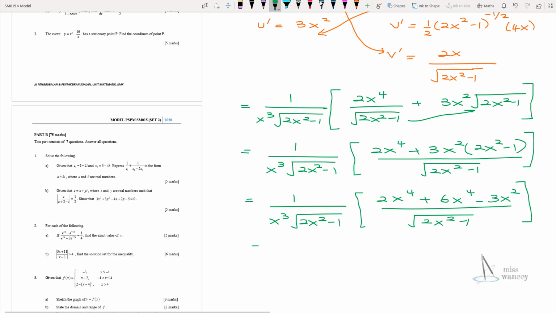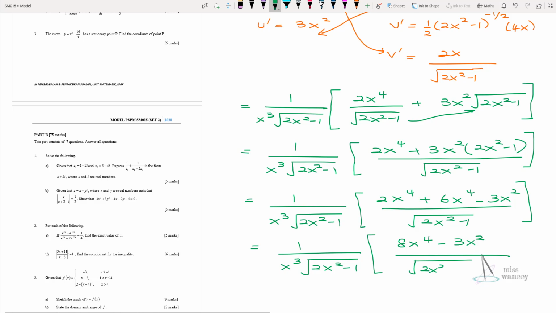Okay, so let us simplify again. So 2x to the power of 4 and 6x to the power of 4, so I have 8x to the power of 4 minus 3x squared over the square root of 2x squared minus 1.